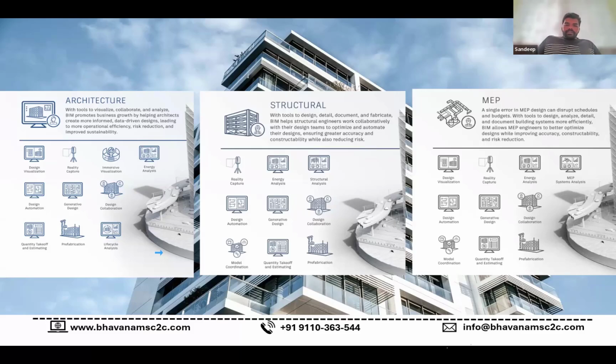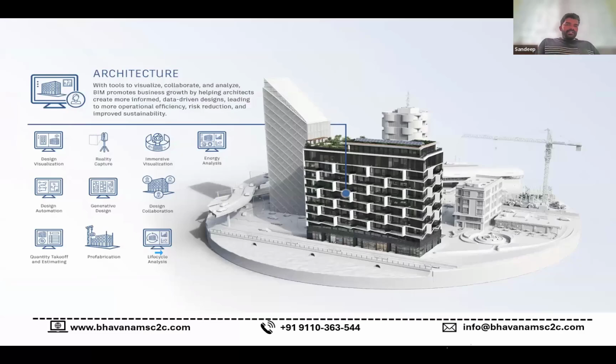So you can see here the capabilities of Revit: architecture, structure, and MEP. For architecture, you can see the design visualization. We just saw a video with night time and sun time visualizations.